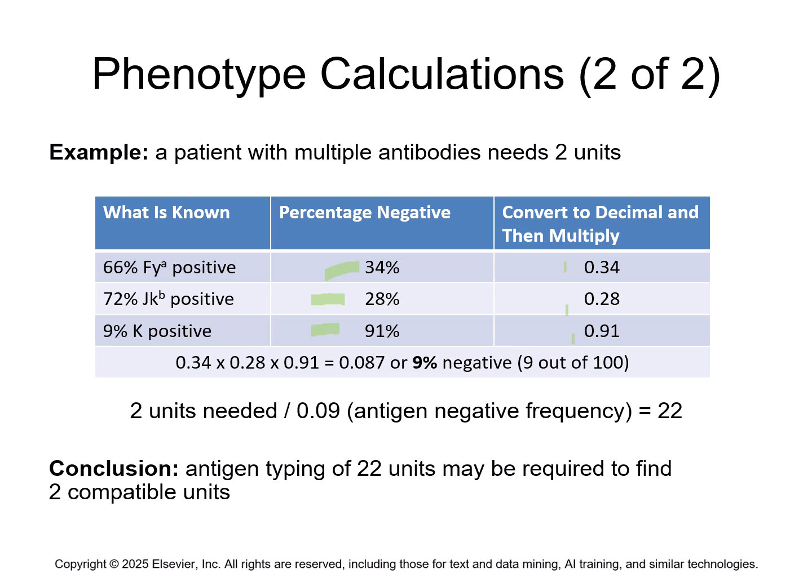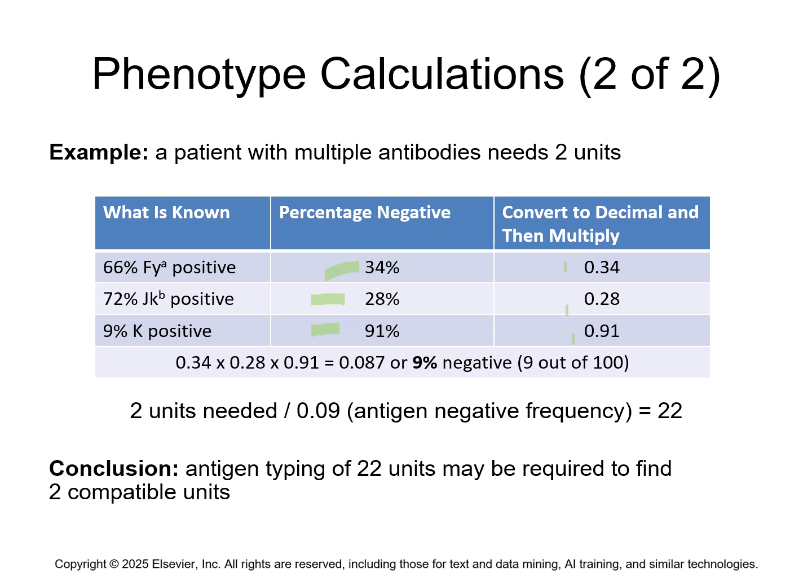So 0.34 times 0.28 times 0.91, the percentage of negative units in the general population, is going to give us 0.087 or 9% negative. That means that 9 out of 100 units are going to be statistically negative for all three of these antigens.